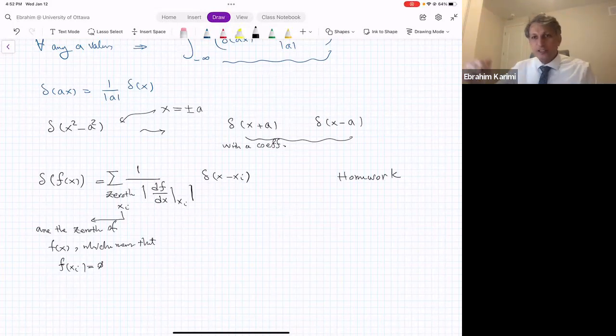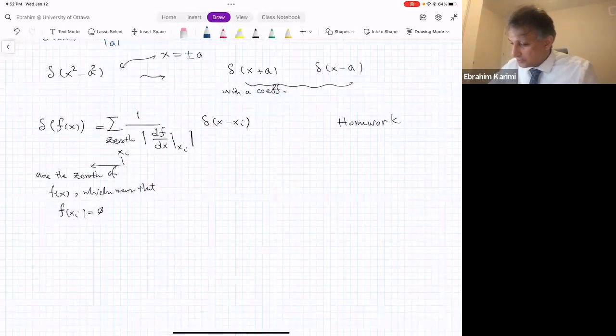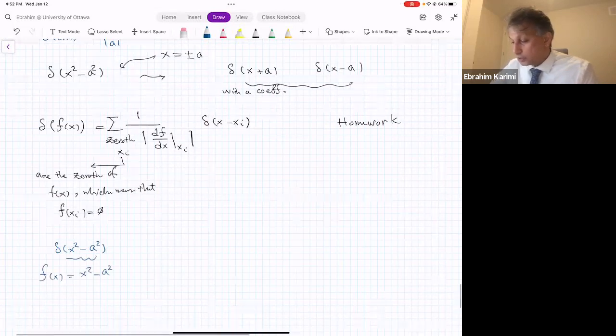Now let's go back to the question that we had. What is the delta of x squared minus a squared? As I say, the first thing that you have to do is finding the zeros. So your function f of x is x squared minus a squared. So where are the zeros? x1 is equal to a, x2 is equal to minus a.